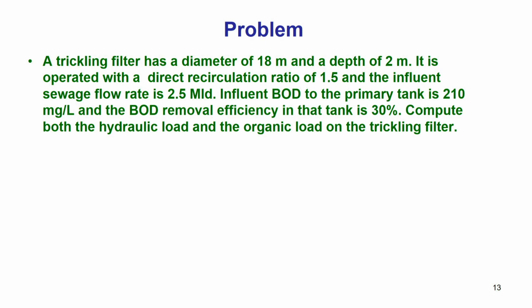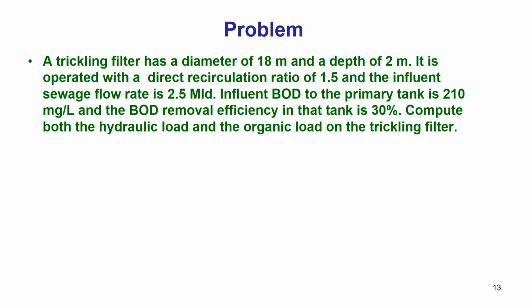Now there is one problem here. A trickling filter has a diameter of 18 meter and a depth of 2 meter. It is operated with direct recirculation. Here R is given as 1.5, the diameter D of the trickling filter is 18 meter, the depth H is 2 meter, and the influent flow rate is 2.5 million liters per day. MLD stands for million liters per day.